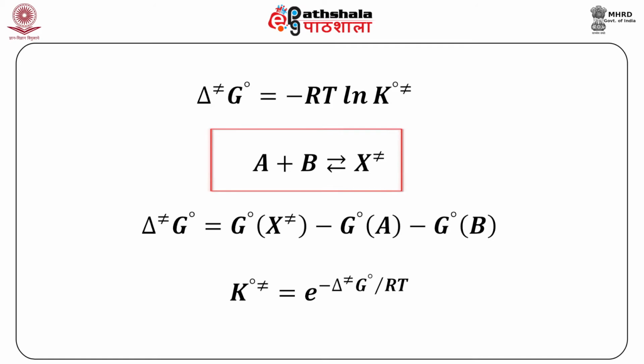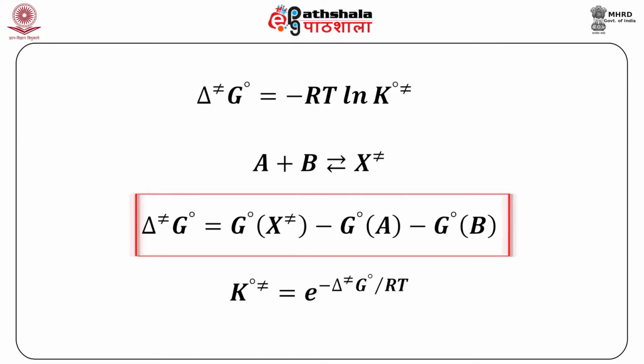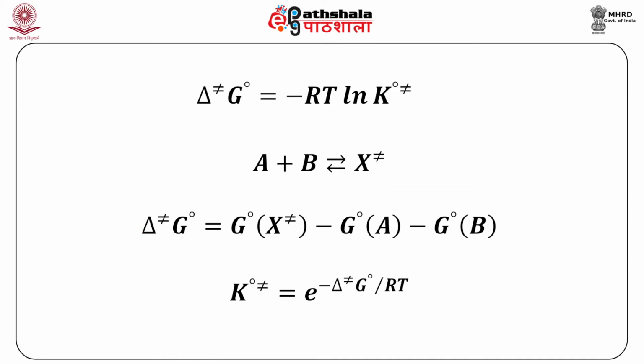Now, if we consider the reaction A plus B in equilibrium with transition state complex, we get delta G naught as G for transition state complex minus G for reactant A minus G for reactant B. Now, rearranging the thermodynamic relation that we have for delta G and K, we get the value for equilibrium constant K as e to the power minus delta G by RT.